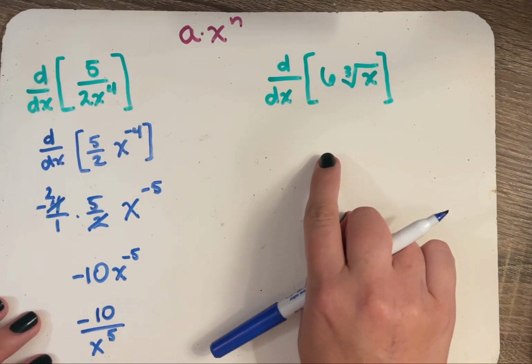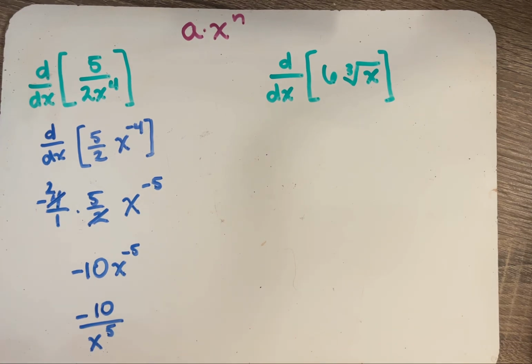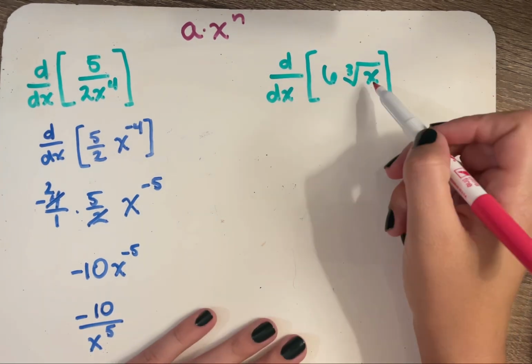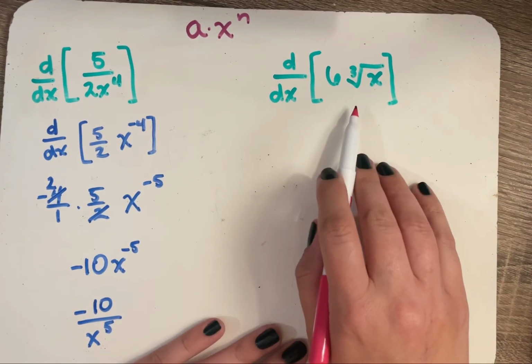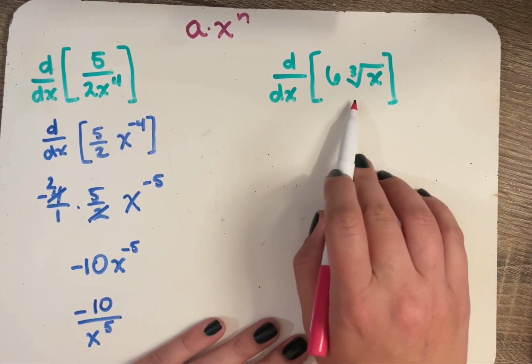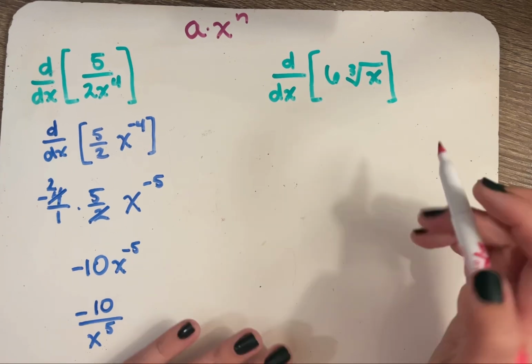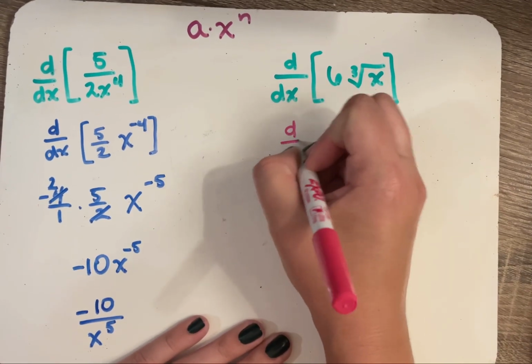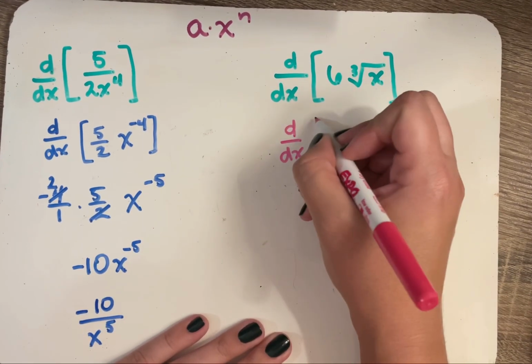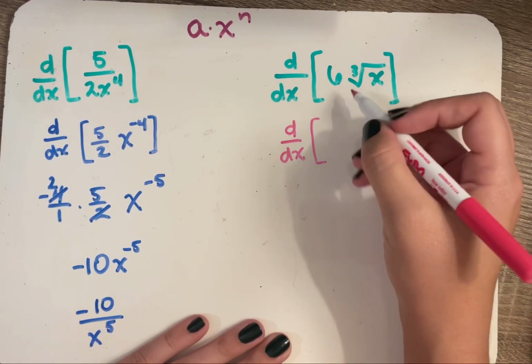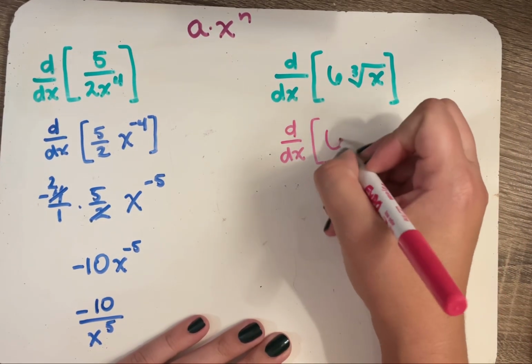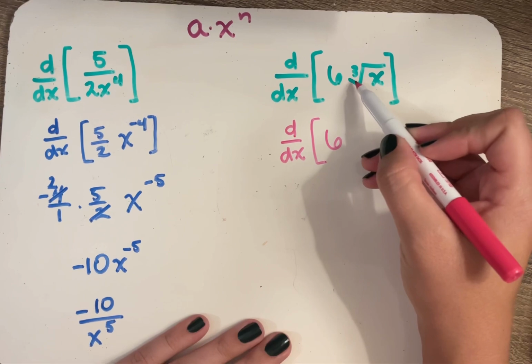All right, let's look at this example. So here I don't have a denominator that I'm worried about, but I do have a radical. So my first step here is I'm going to rewrite this expression from radical form to exponential form. So still taking the derivative, d dx, 6, and I can rewrite when I have a cube root.